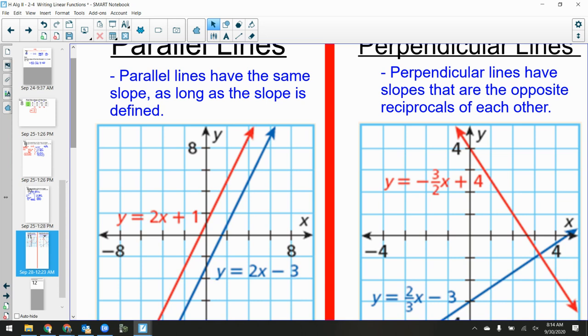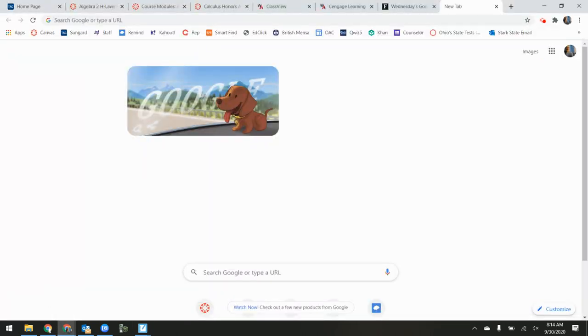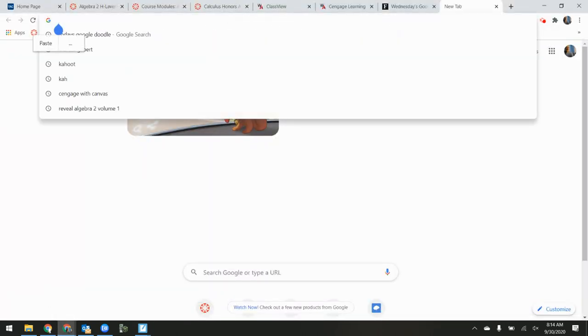The $10 word for perpendicular is orthogonal. You ever hear that before? I think I'm spelling that right. I gotta look that up. Is that how we spell that?